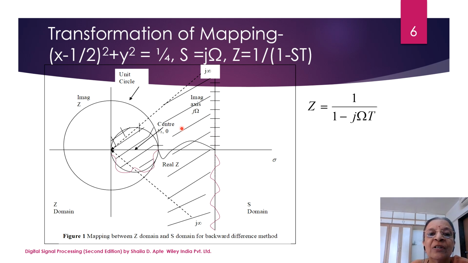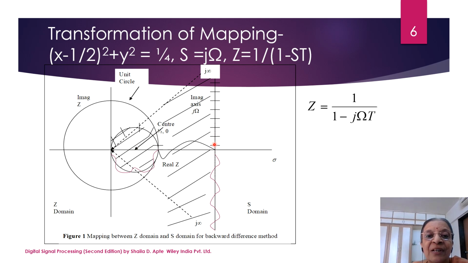What about the points on the left hand side of imaginary axis? All these points will map onto the inside or area of the circle, and the points on the right hand side of imaginary axis will map onto the area which is outside this circle with radius equal to half. So definitely a stable filter will give rise to a stable filter in Z domain when we map from S domain to Z domain.